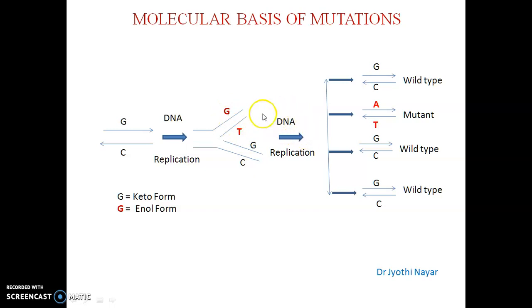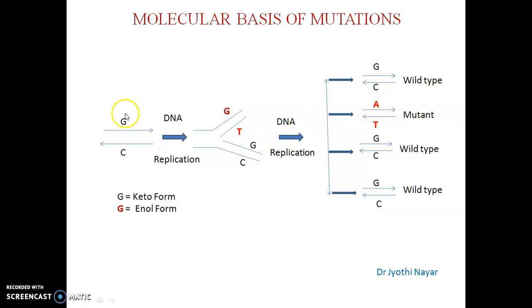During the next round of replication, the enol form of guanine gets converted to the stable keto form, and during the replication process, the normal cytosine pairs with it. Whereas the strand that has thymine on it, when it replicates, opposite to it you will have the base adenine pairing with it, which is the normal condition.